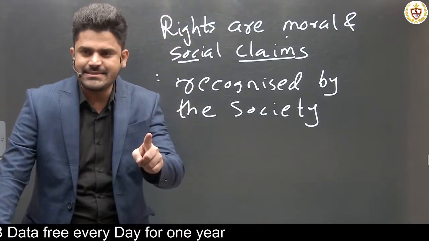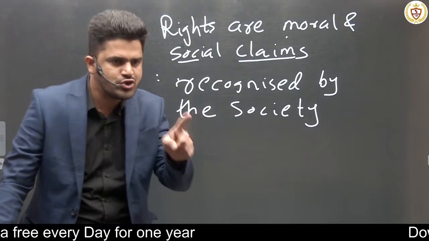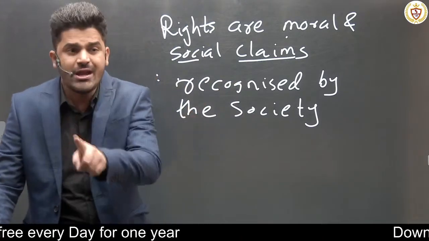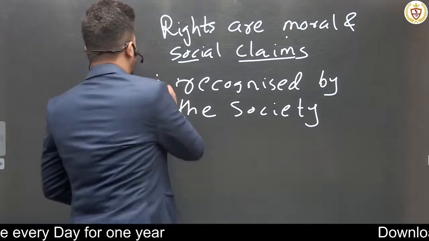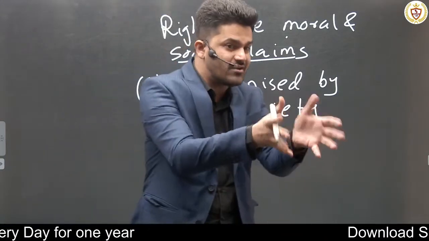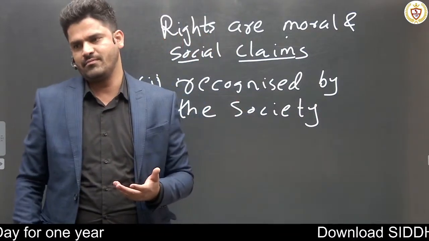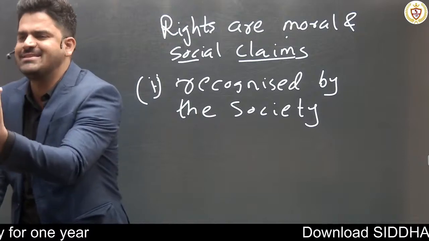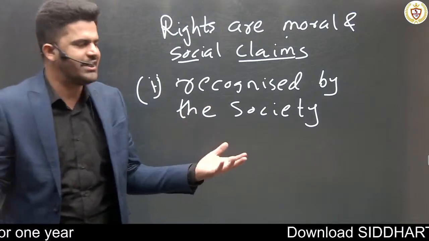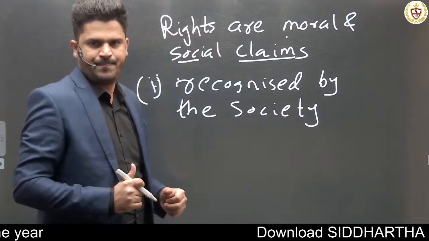So social claims become rights only and only when, number one, they are recognized by the society. Society must recognize the social claims of the individuals. If society does not recognize those social claims, then those claims will be empty claims.